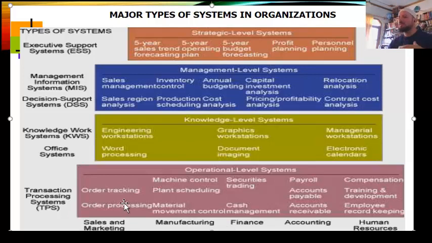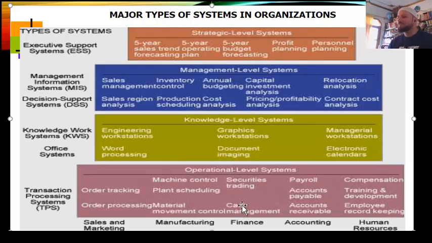These are all departments, and they all have a level called the operational level, where day-to-day operations happen, and they use the transaction processing system at that level. Like we have order tracking, machine control, security trading, cash management, order processing, material movement, payroll, accounts payable, accounts receivable, compensation, training and development, employee records.